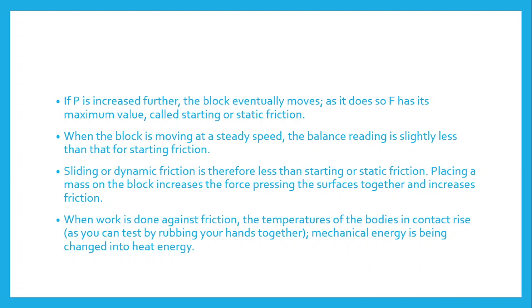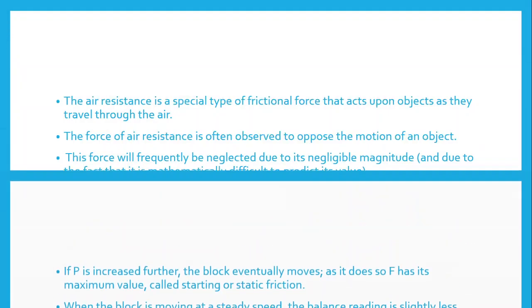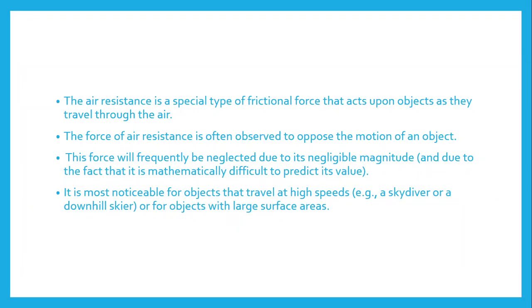The biggest example is something falling through air. If we do not neglect air resistance, then we know how terminal velocity is reached. Initially, when an object is falling through air, the main force it experiences is its weight, and the acceleration is 9.8 meters per second squared because it's just weight and weight only.